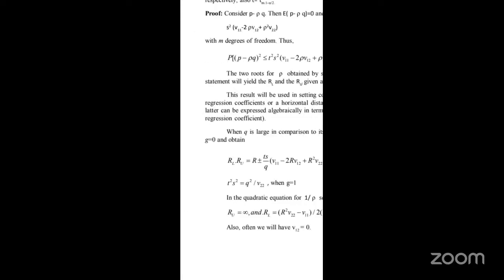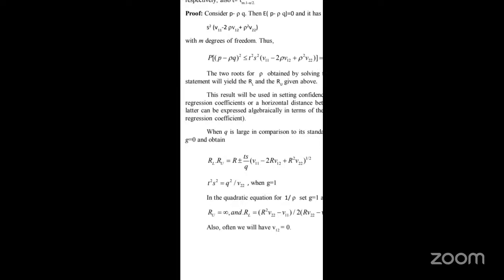When Q is large in comparison to its standard error, then we can approximately set g equal to 0 and obtain R_L, R_U equal to R plus or minus t s by Q in bracket v11 minus 2 R v12 plus R squared v22, whole power of 1 by 2. t squared s squared equals Q squared by v22 when g equals 1.